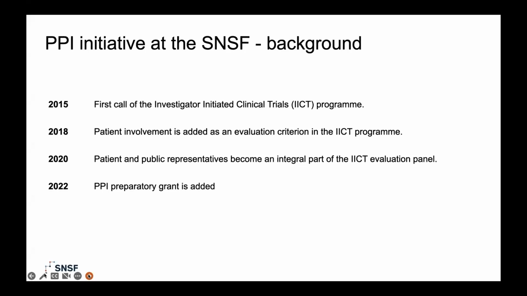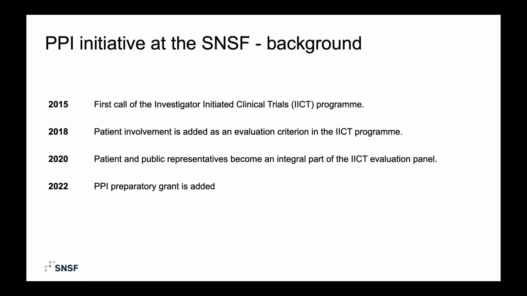The first call for the IICT program was in 2015. And in 2018, we added a specific evaluation criterion about patient involvement. We realized pretty fast that we actually needed experts in the evaluation panel to be able to provide feedback on that criterion.